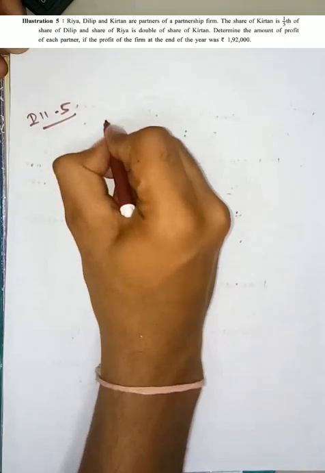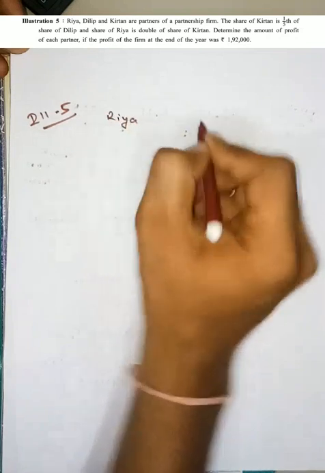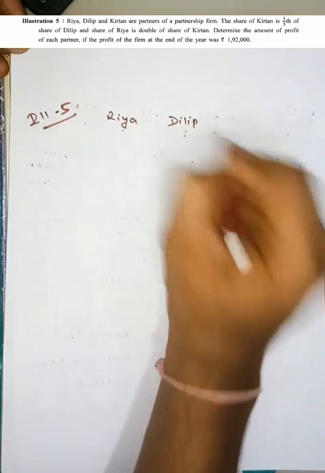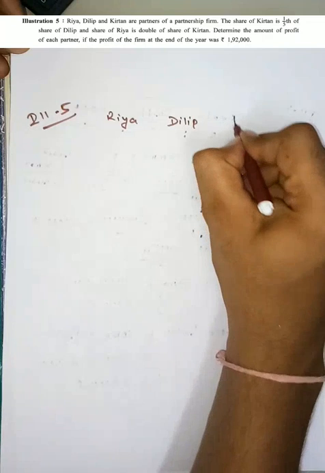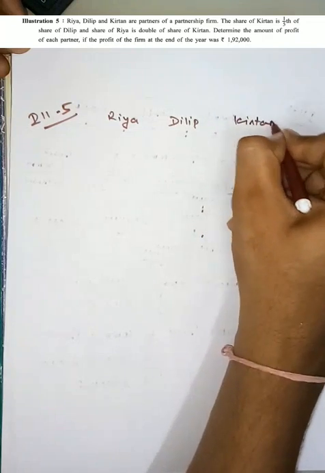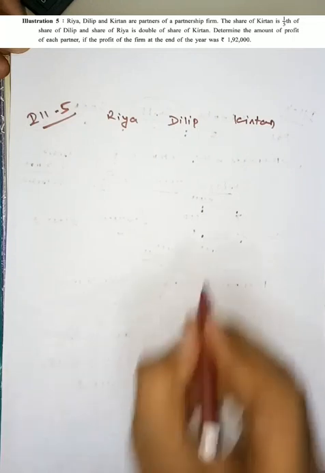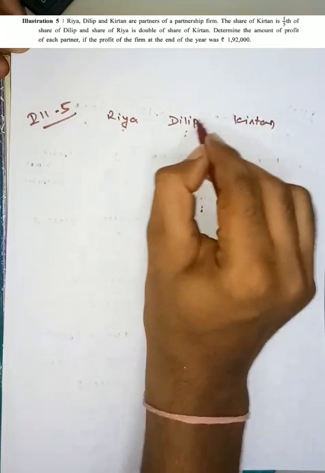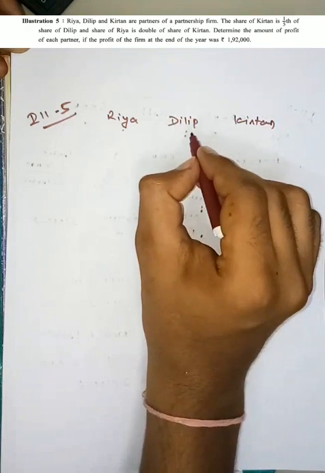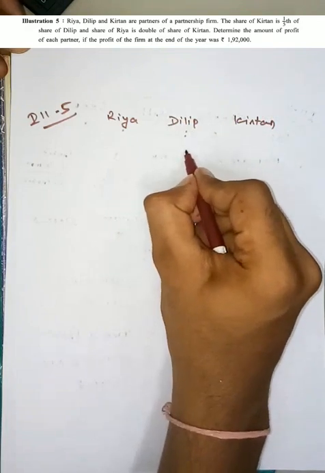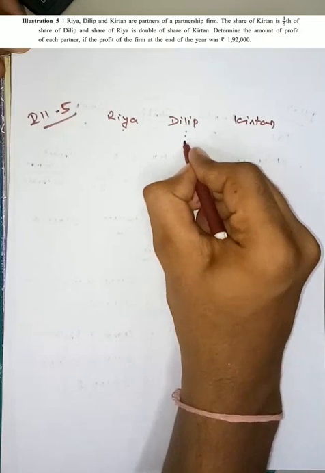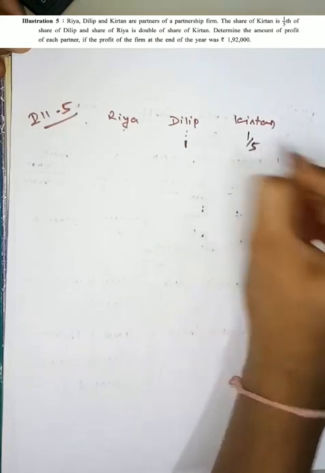Riya, Dilip and Kirtan are the partners of a partnership firm. The share of Kirtan is 1/5 the share of Dilip. So if the share of Dilip is 1, then the Kirtan share is 1/5.